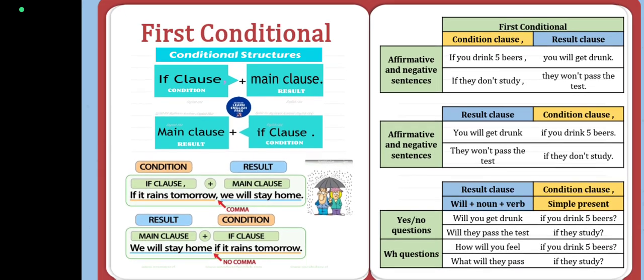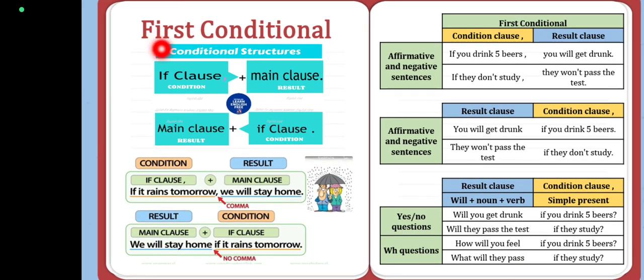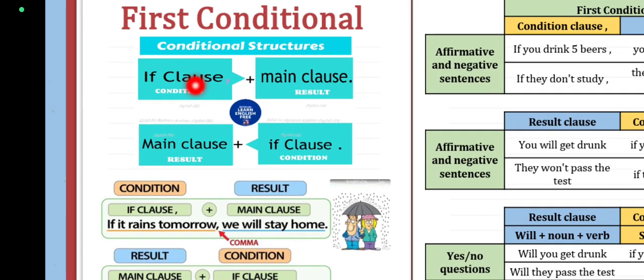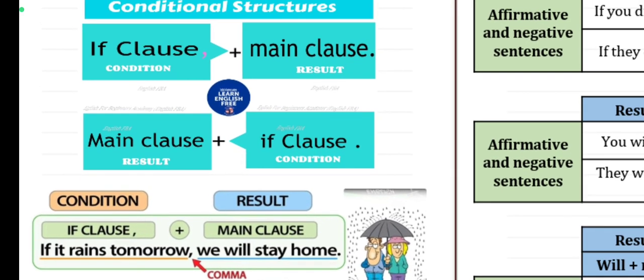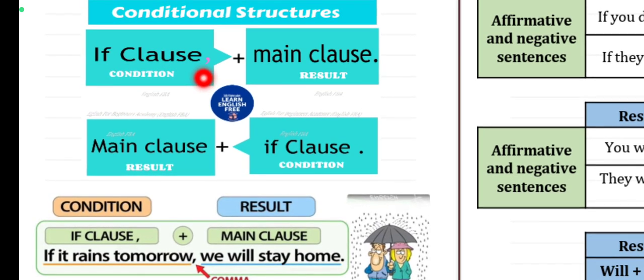So let's talk about first conditional. Here we have the structure. Always remember the structure. We have the if clause or conditional clause with a comma, plus the main clause or result clause.